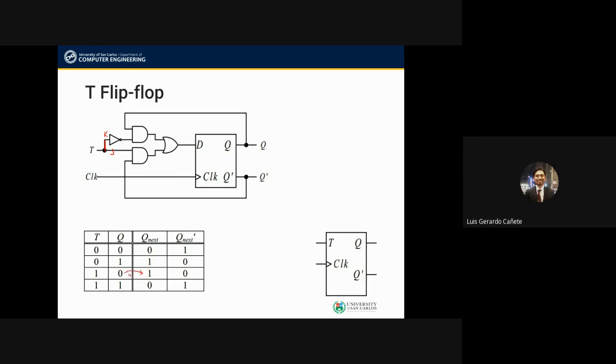So it's inverted for the next value of Q. Okay? So that's the main difference between the T flip-flop and the JK flip-flop. But of course, the T flip-flop is just a special case of the JK flip-flop. And it happens when we short out both inputs of the JK flip-flop.